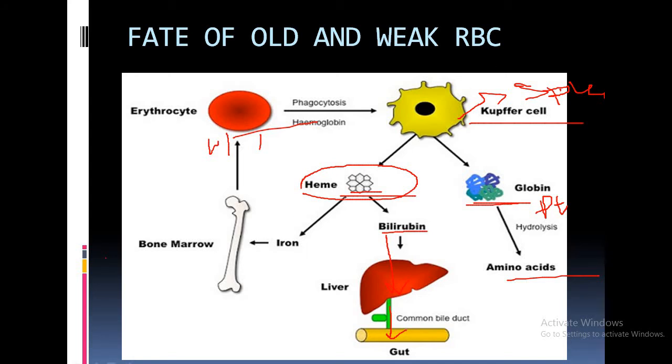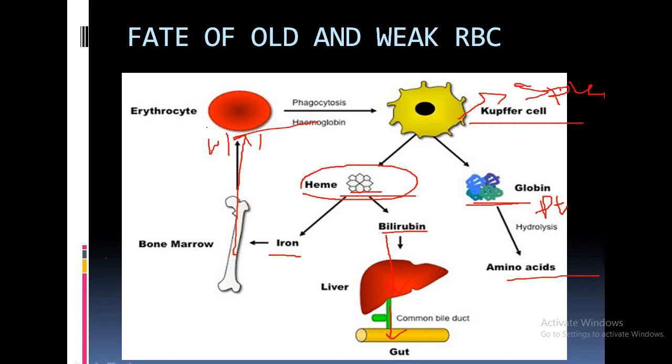And the iron of the heme will be given to the bone marrow, and again this will help in the formation of RBC or erythrocyte. So this is the life cycle of RBC.